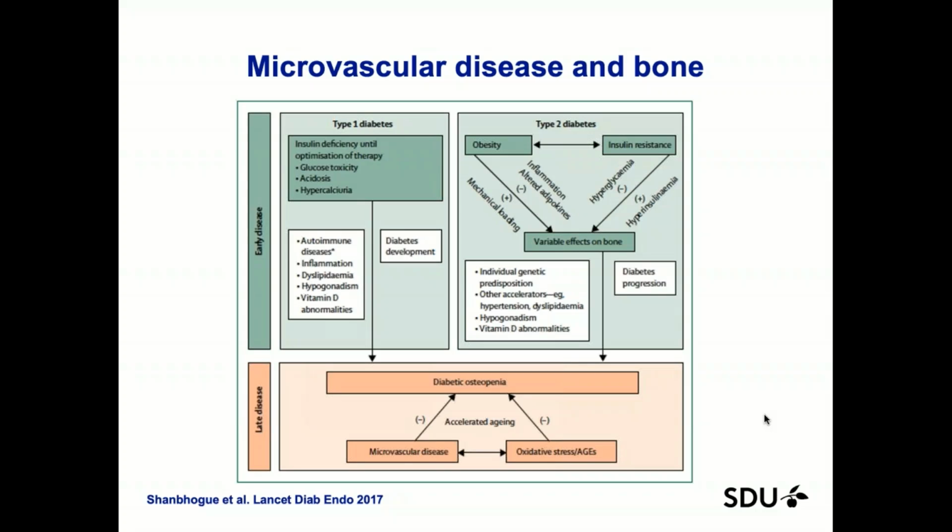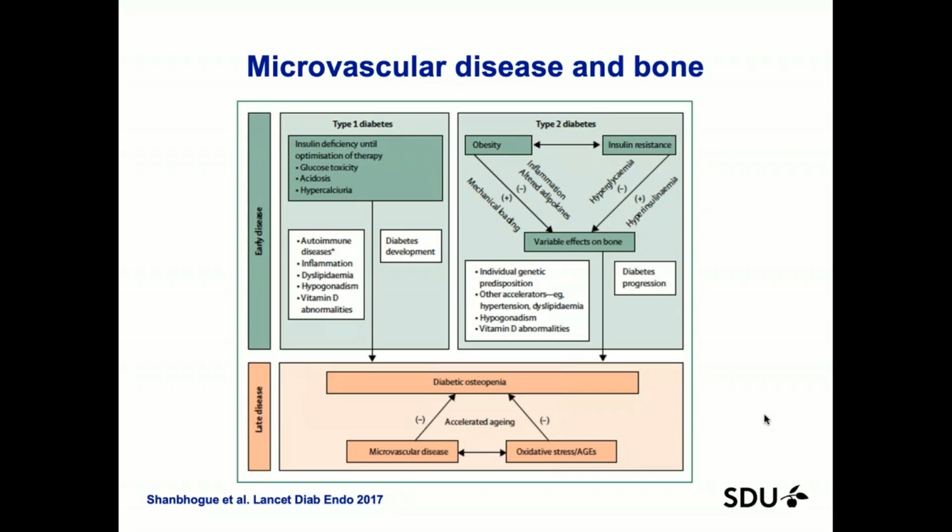Of course, we know there are a number of different well-known complications to diabetes, and that they include microvascular disease. And at least in theory, and that's what we are pursuing in our unit in Odense, microvascular disease could contribute to the increased risk in patients with diabetes, because microvascular disease could prevent the recruitment of osteogenic cells to the newly resorbed bone areas, and it will at least prevent oxygen and different types of nutrients from getting to the bone cells where they should be active.